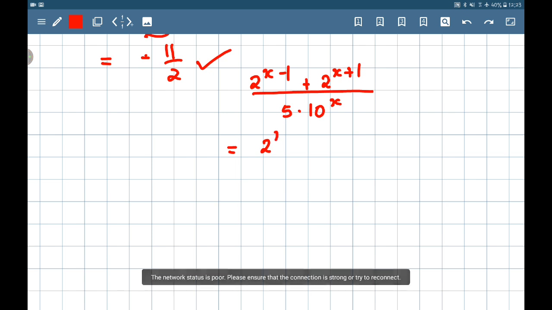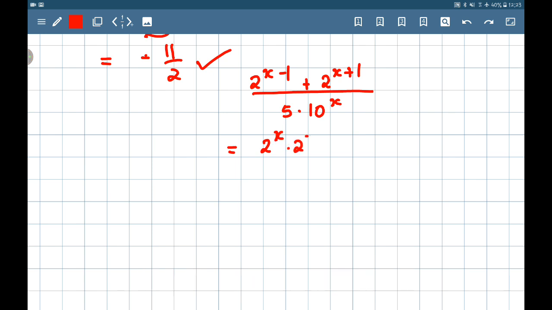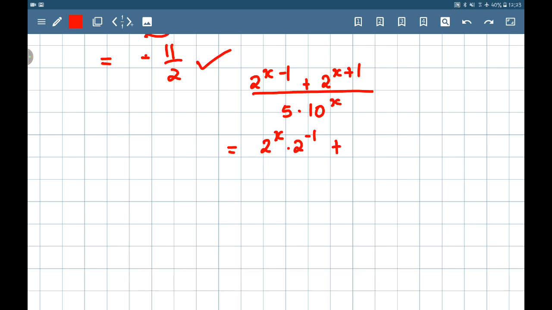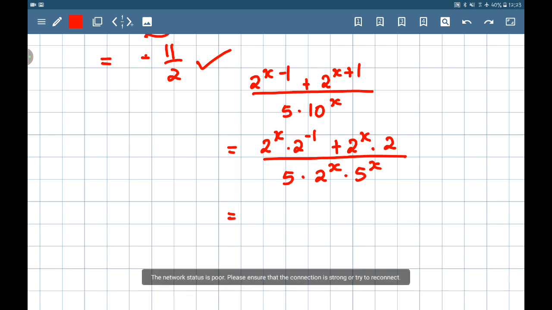It's going to be 2 to the power x multiplied by 2 to the power minus 1, plus 2 to the power x multiplied by 2, all over 5 multiplied by 2 to the power x multiplied by 5 to the power x. Am I right? Yes. That's where I left off.